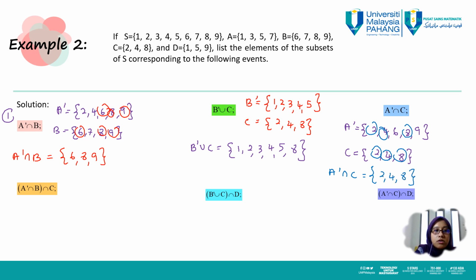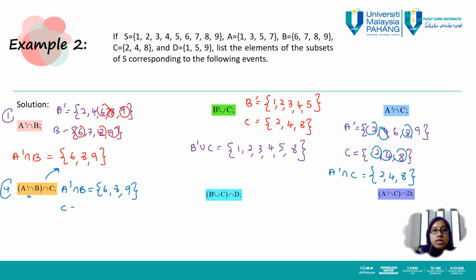Okay, so now we move to the next one. This is for number 4. A prime intersect B intersect with C. We already have element for A prime intersect B. A prime intersect B is equal to 6, 8, and also 9.